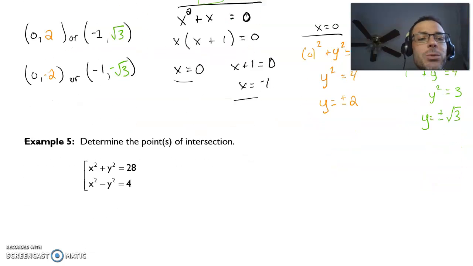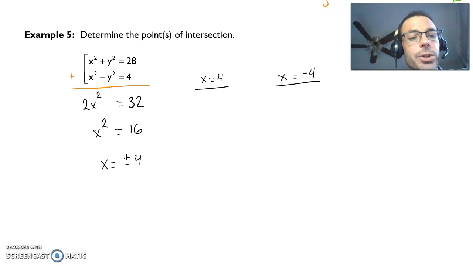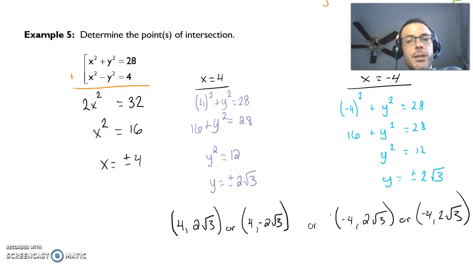With that in mind, see what you can come up with something like number 5. To start, we should see that we have two possible values of x. These were set up to use elimination immediately. And in this case, you wind up getting the same two possible values of y because these were a circle, and then x squared minus y squared is actually going to be a hyperbola, so something that we haven't studied yet.